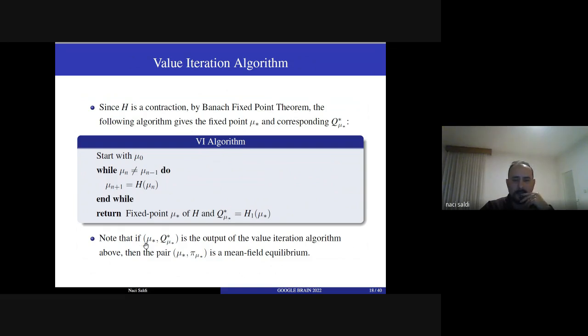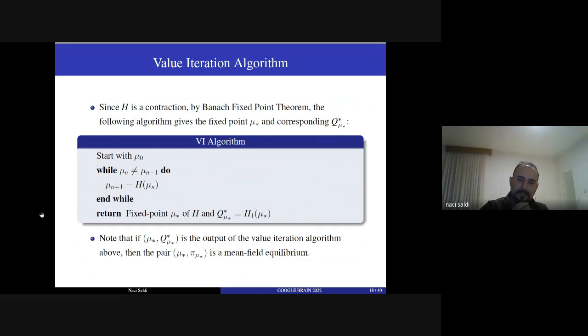Because if we have mu star and Q mu star, where mu star is the fixed point of our mean field equilibrium operator, then mu star, pi mu star, where pi mu star is the optimal policy for this Q function, is indeed a mean field equilibrium.